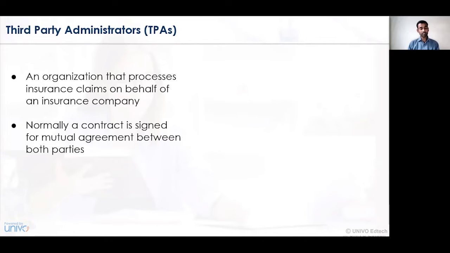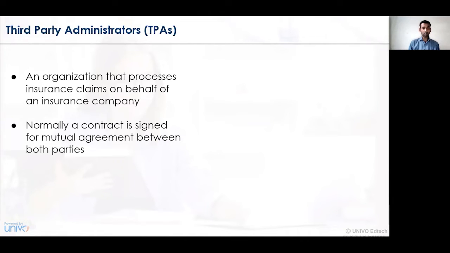Whenever an insurance company receives premiums from different people, and accordingly an insurance claim is filed, the insurance company appoints an organization for processing all those documents, and the organization so appointed for processing those documents is called a third party administrator.